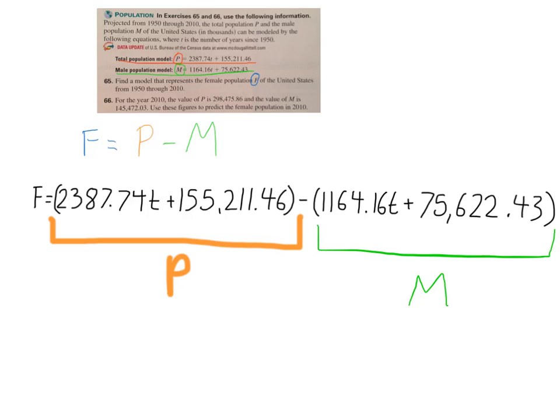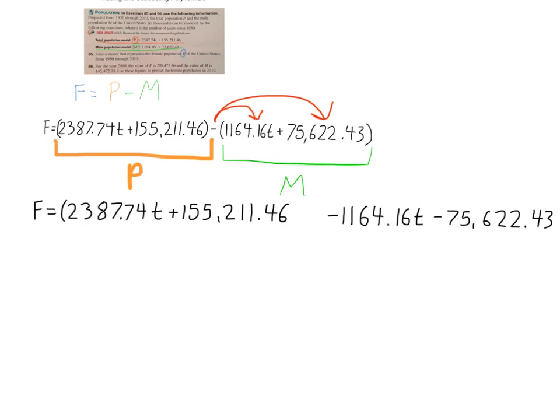So we'll start by distributing this negative right here. So you can see that we have now made both of these over here negative, and we have gotten rid of our parentheses.